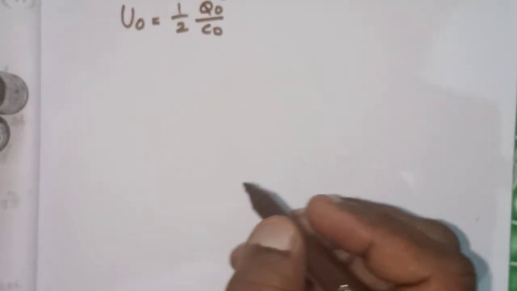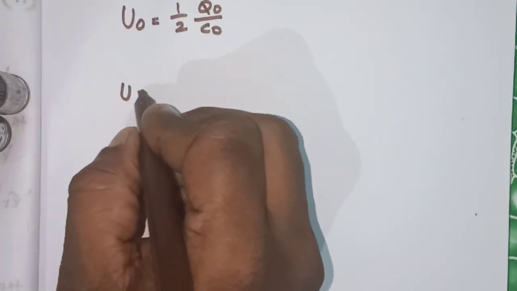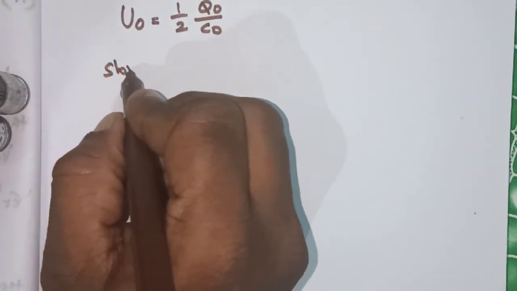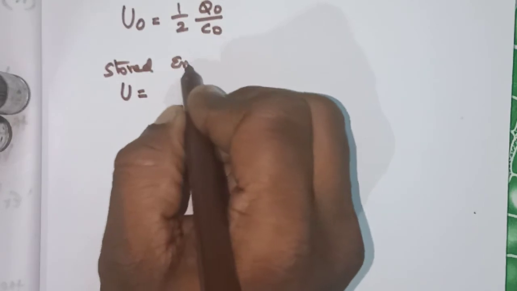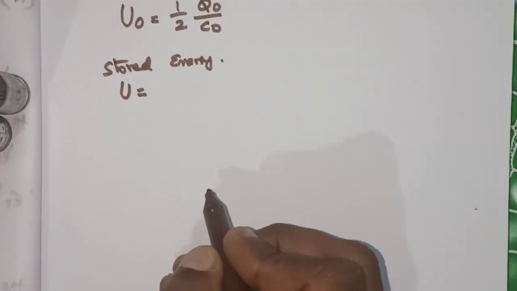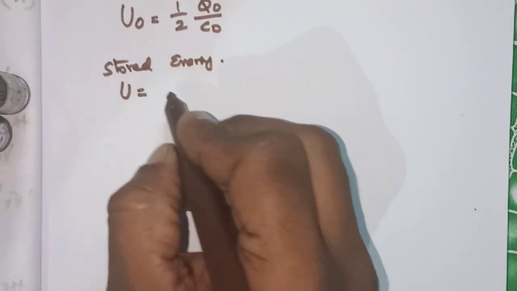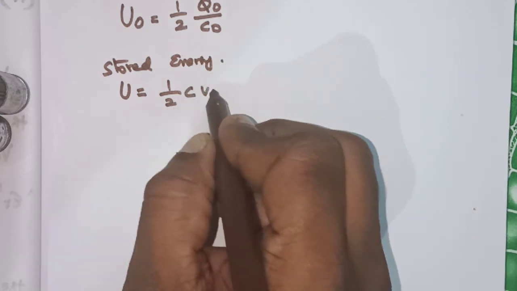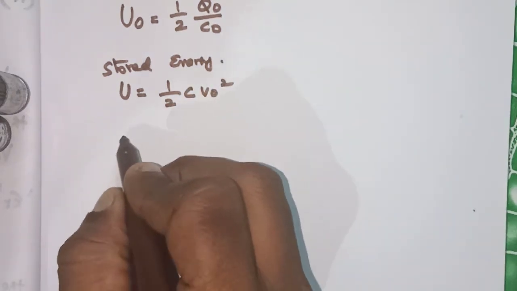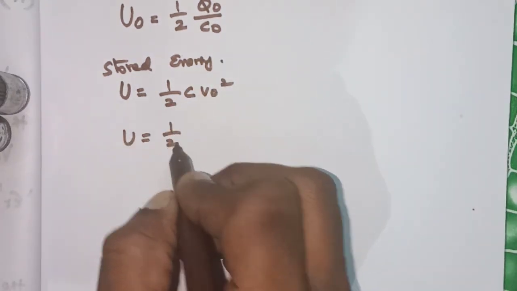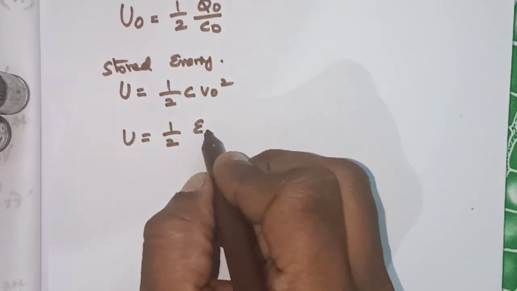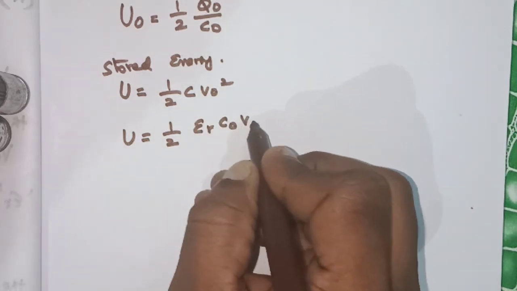So we can write stored energy U equal to half C V naught square, that is U equal to half epsilon r C naught V naught square.